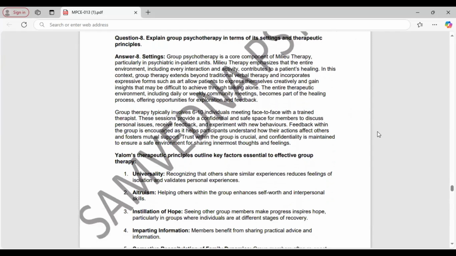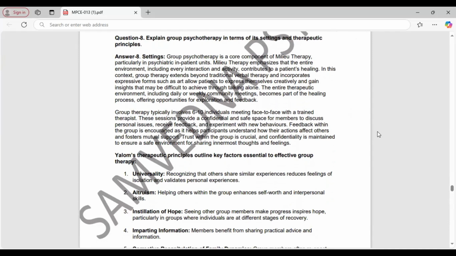Group psychotherapy is essential in milieu therapy, particularly within psychiatric inpatient units where the entire environment contributes to a patient's healing. This approach integrates expressive therapies like art, allowing creative self expression and insights that may be hard to achieve through verbal communication alone.